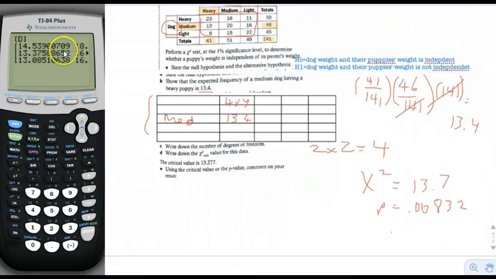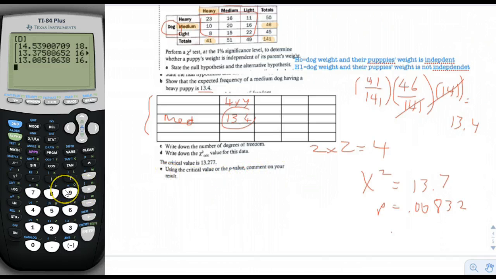Now you can see that the value that we calculated manually, 13.4, it's right there. It's 13.38. So yeah, that's 13.4. Now the degrees of freedom we calculated, chi-squared, it's right there. And then it says the critical value is 13.277.